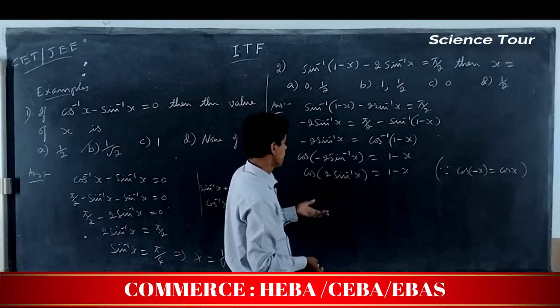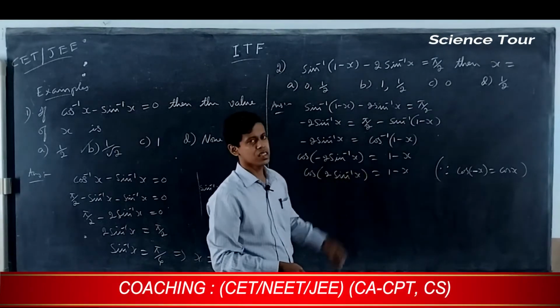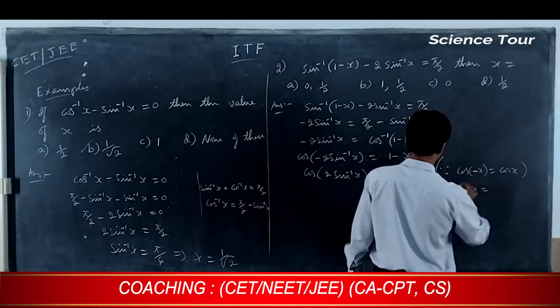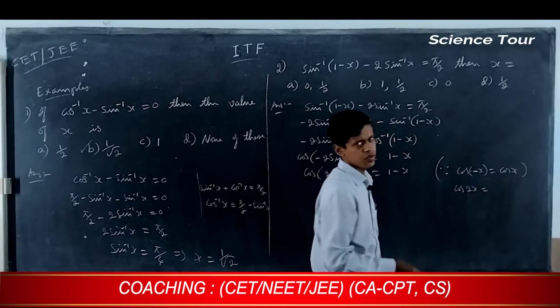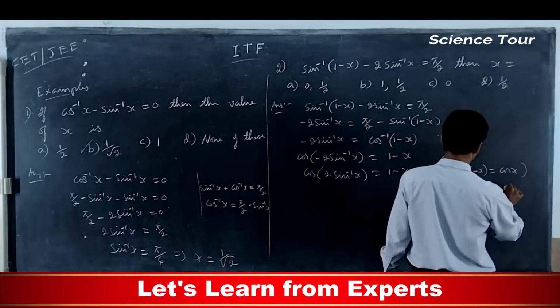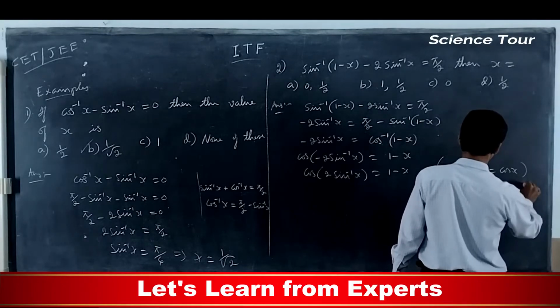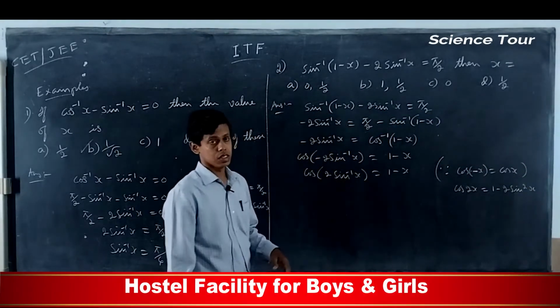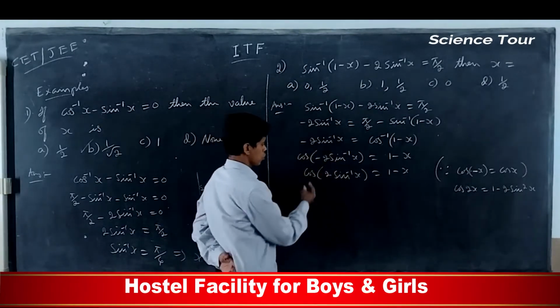Well, now the cos 2x formula. I have 4 different formulas, but the formula I will use is 1 minus 2 sine square x. Why? Because I have sine inverse, therefore I am using that formula.